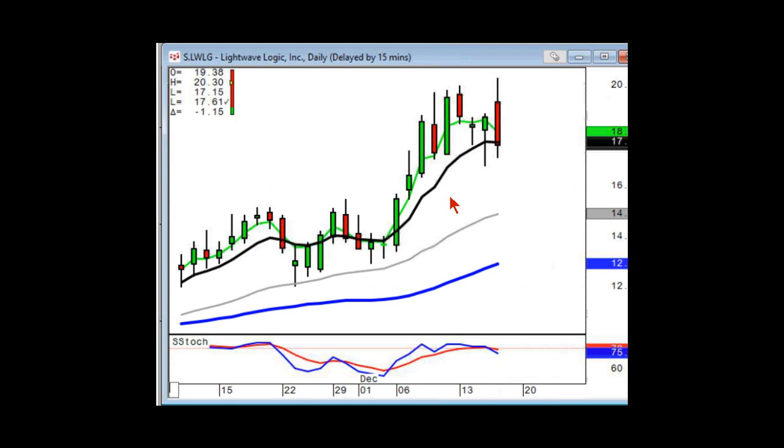But that all boils down to what is your trade risk-reward factor.